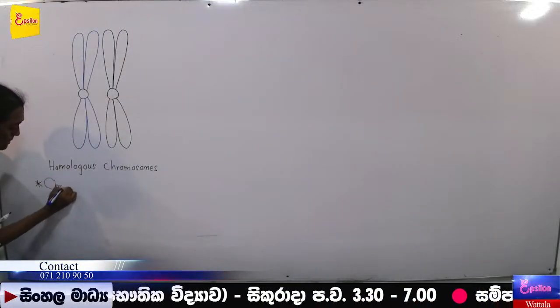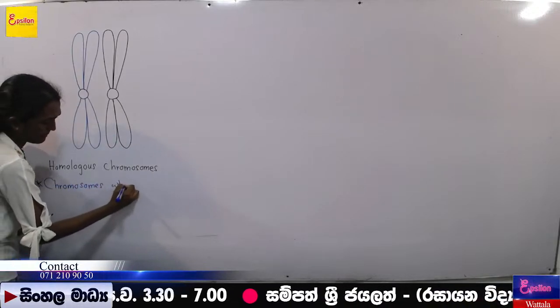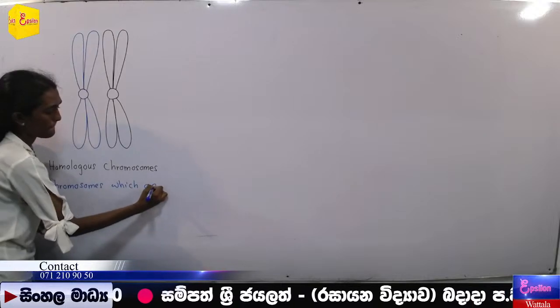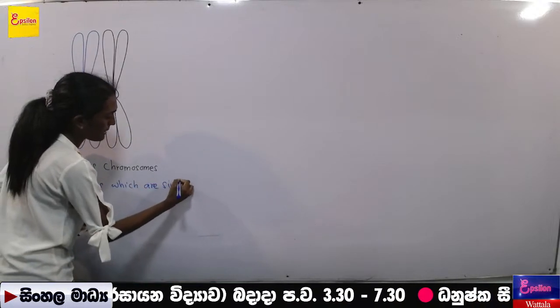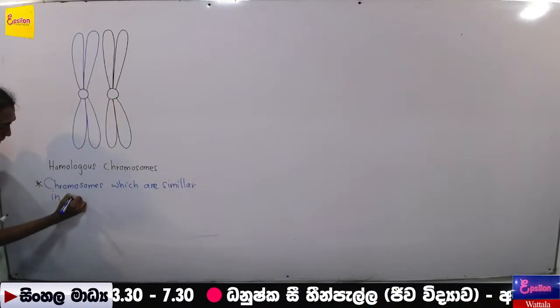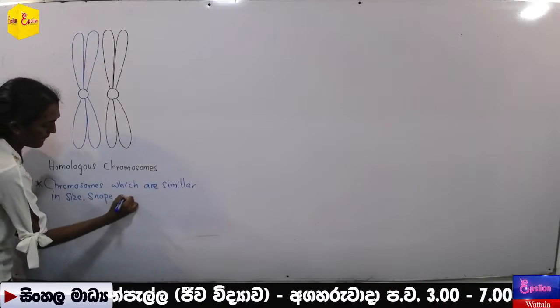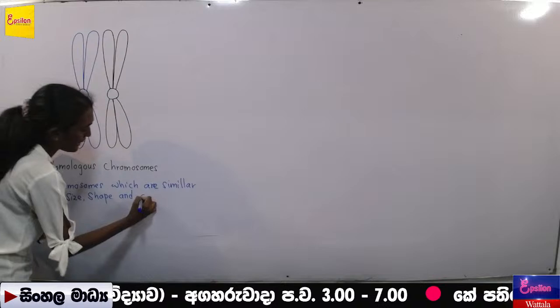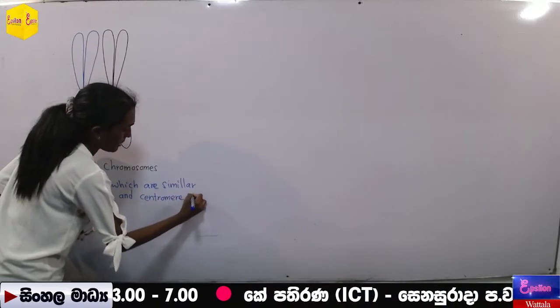Chromosomes which are similar in size, shape, and centromere position.